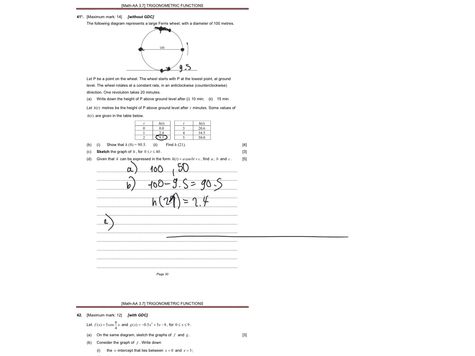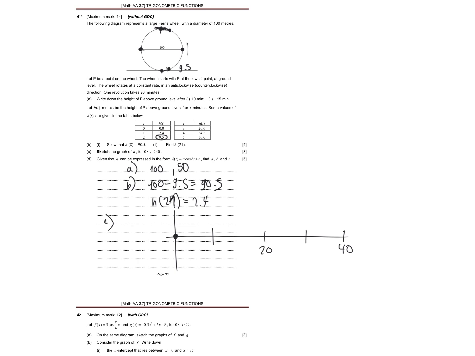C, sketch the graph for 0 to 40. And this is without graphing calculator. So here's 20, here's 40, 30, 10. Okay, so at time 0, we're at 0.